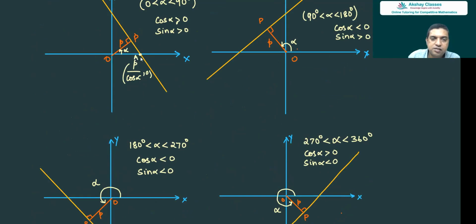This is A, and this is 0 comma P upon sin alpha. This is the point B.